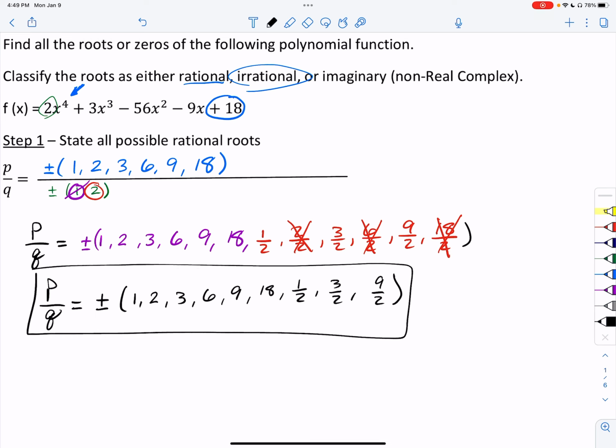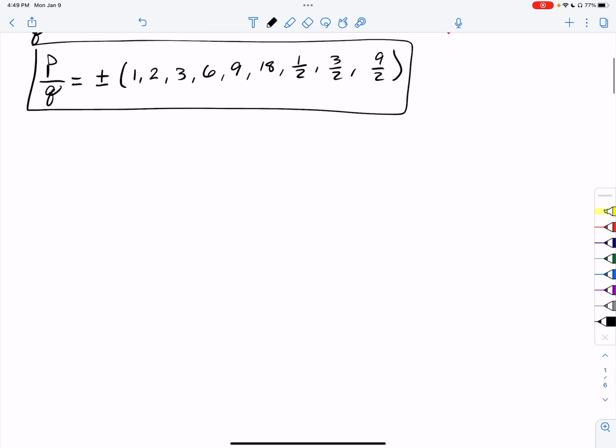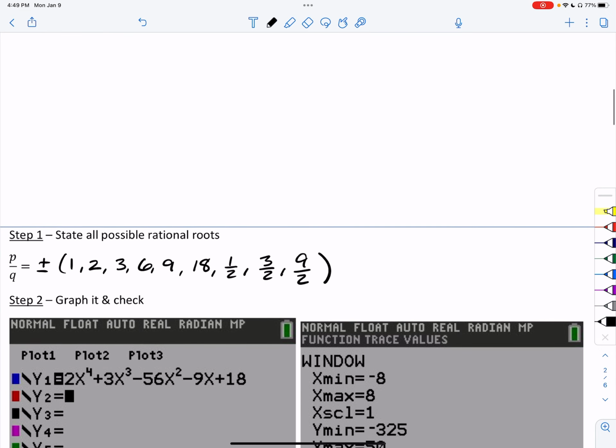Now step 2, we're going to run over to the graphing calculator. I don't have a great way of doing that on the iPad without being kind of awkward, so I prepared these ahead of time. If we're going to look and see which of these are actual zeros, we need to graph this thing. So I'm going to graph this function, and then using a trace feature, particularly what you'll see on my screen here is the TI-84 screenshots.